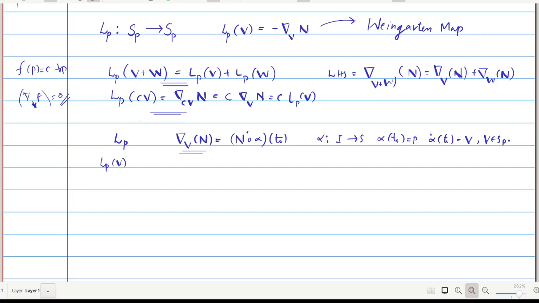As we move along this alpha through the point P, we can consider that we are moving in the direction of V, or along the direction of alpha.